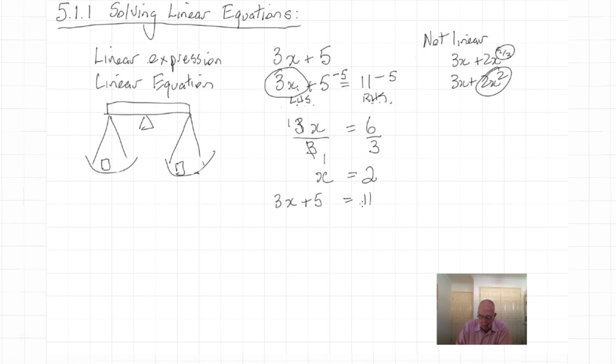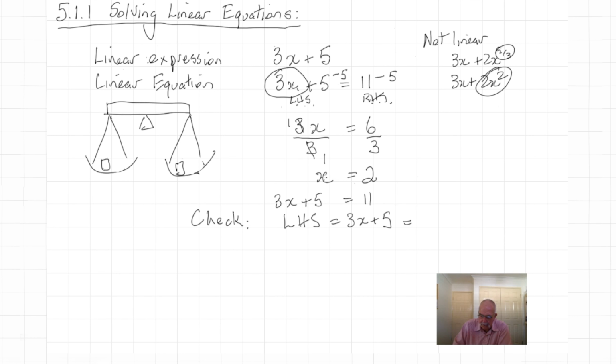With all of these, you should be looking to check your answer. You should know whether you've got the right answer or not. So we actually write down check. Left-hand side, and we write down what the left-hand side was, which is 3x plus 5.